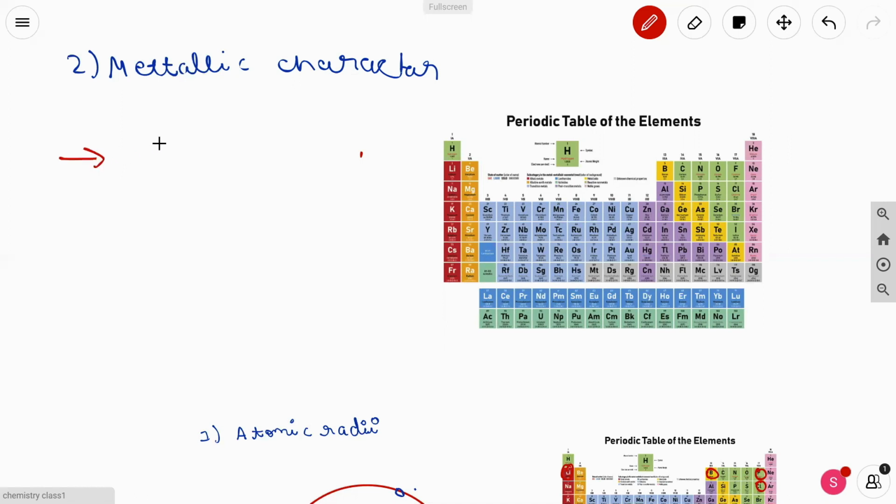Since group 1 elements cling to their electrons with less force, they can lose them easily. So they have metallic character, this ability to lose electrons, to lose e minus and form a cation.